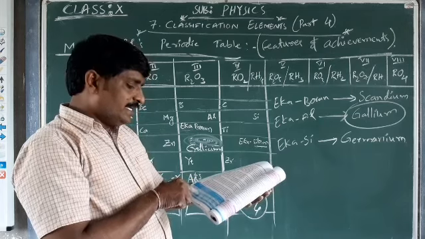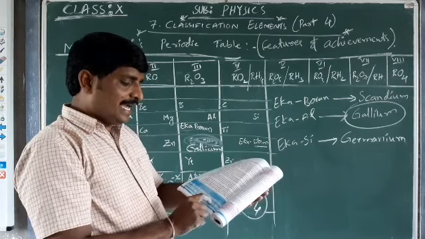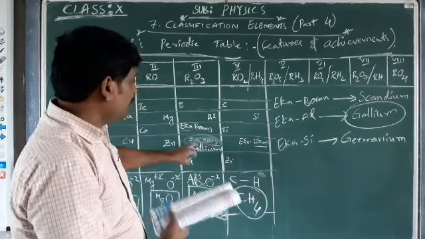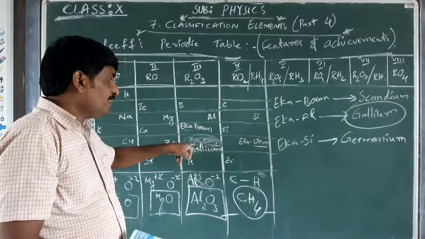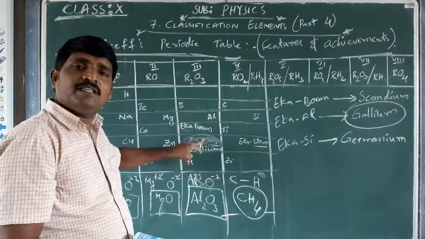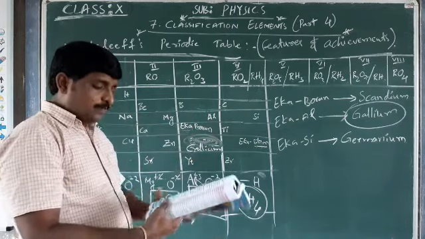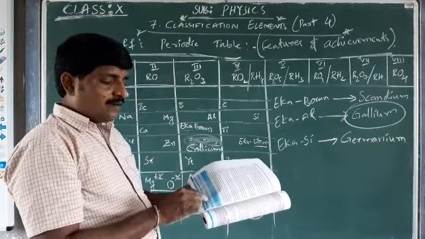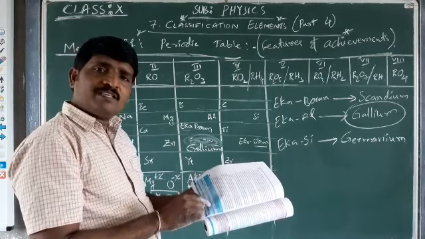Eka aluminium's predicted density is 5.9. The element discovered is gallium, which has the same properties as this one and occupies this place. The predicted density was 5.9, and after discovery the observed density was 5.94.